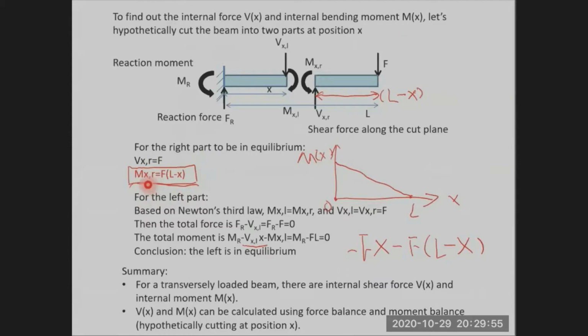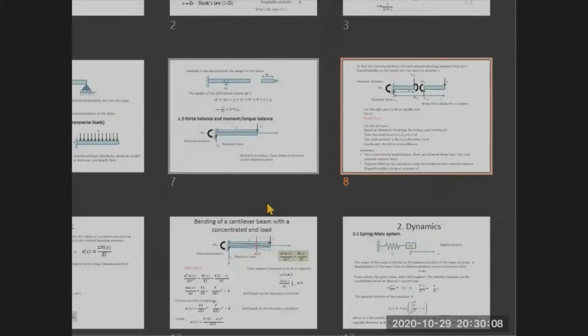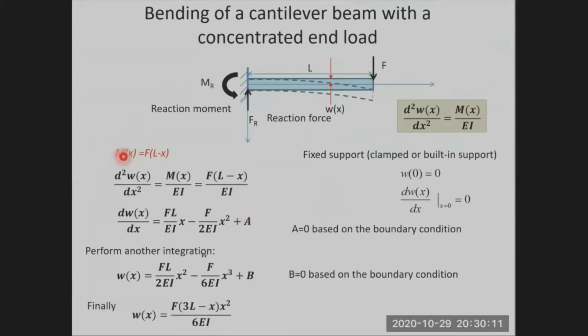M(x) is equal to F times (L minus x). It's a function of x. We don't need to calculate it again. We can use the result directly. So the second derivative of W with respect to x should be equal to F(L minus x) over EI.